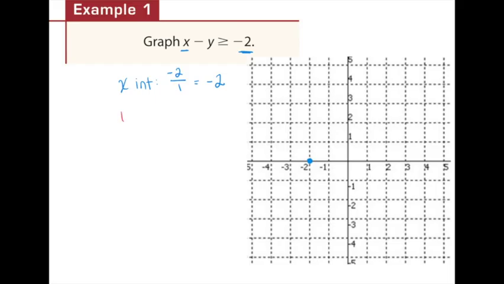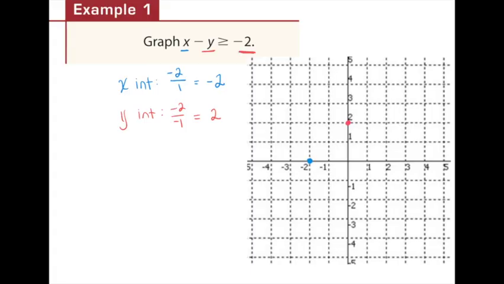My y-intercept, all right? Well, that's what happens when I put this number over here, my c, over the number in front of my y, which is -1. So my y-intercept is +2. Anytime you have 2 points, you have a line, right? And so what I need to do to graph this line is I need to just connect those points.